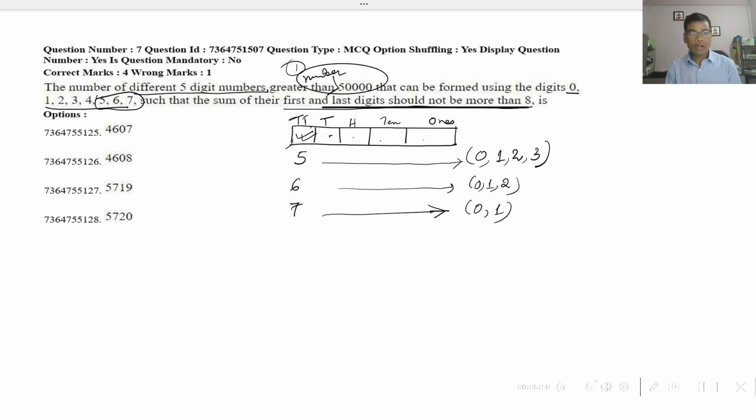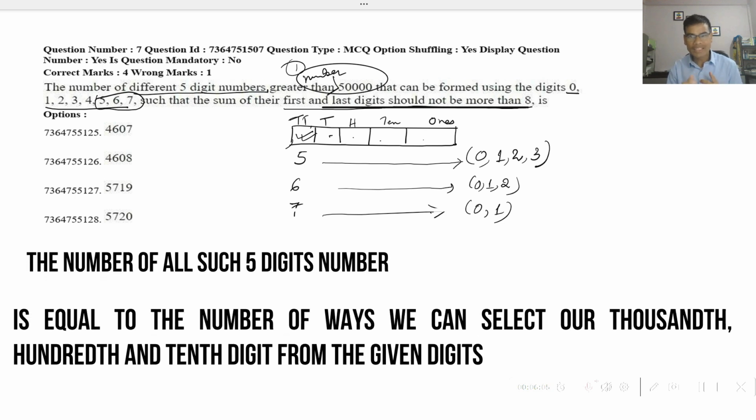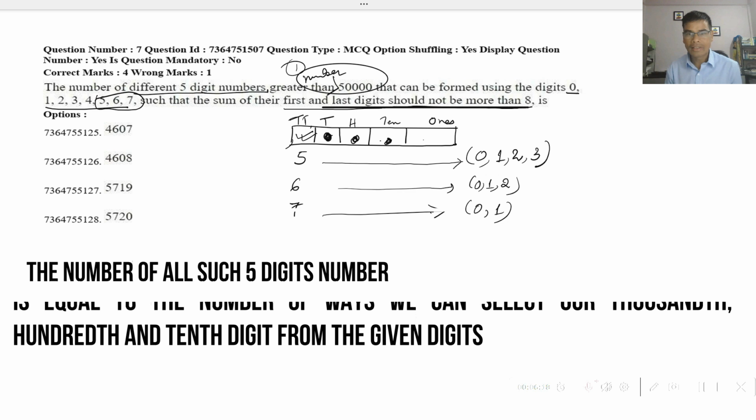So now the number of all those 5 digit numbers which can be formed with this condition is the same as the number of ways you can select the 1,000 digit, 100 digit and tens digit.